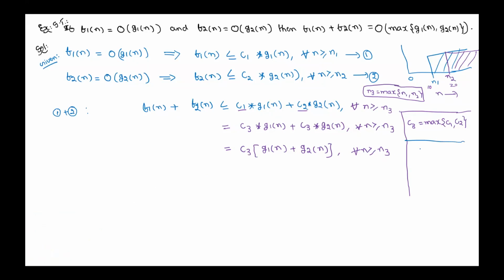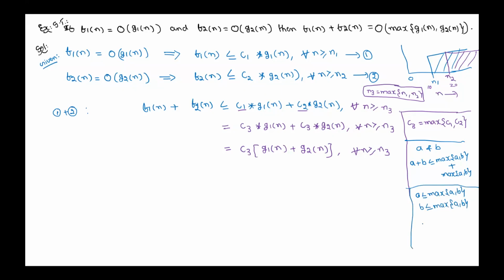So what can we write? If a and b are two real values, a plus b is less than or equal to maximum of a comma b plus maximum of a comma b. Is that correct? a is less than or equal to maximum of a comma b, or not? b is less than or equal to maximum of a comma b, or not?